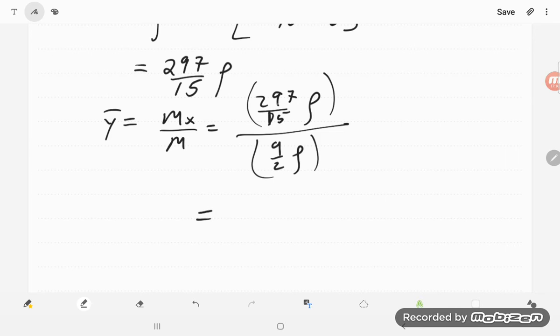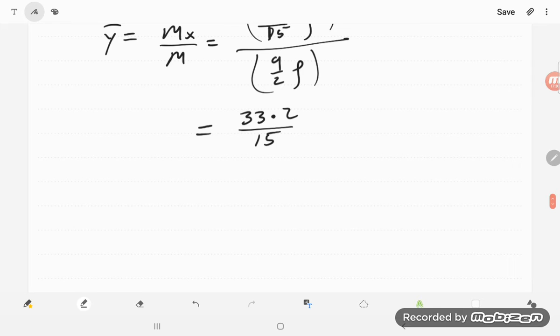So let's start there, and that's 33. So we get 33 times 2 over 15. Well, we can still take a 3 out of the top and bottom, so that makes an 11 on top, so 22 over 5.